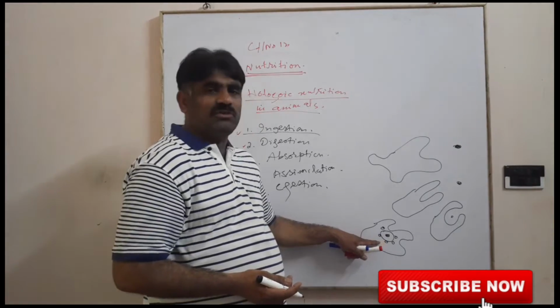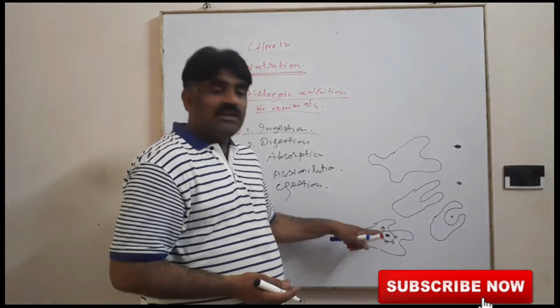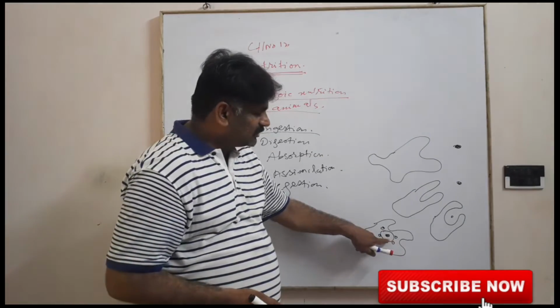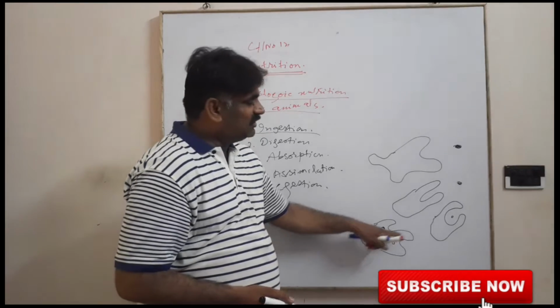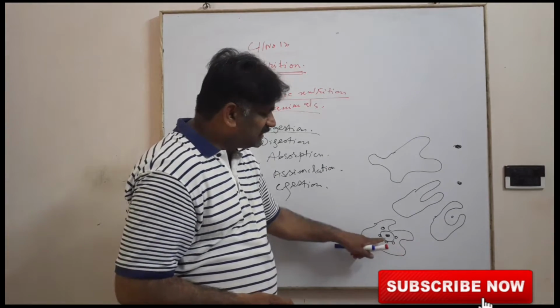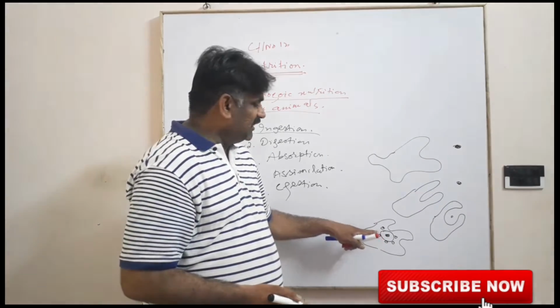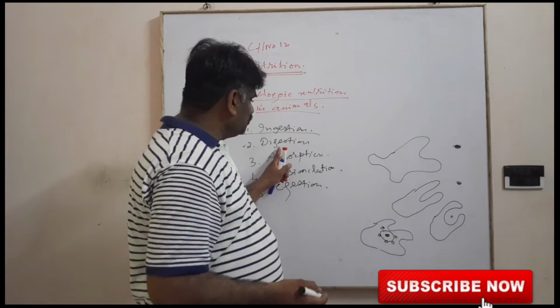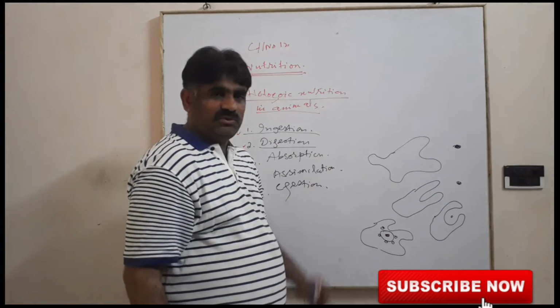After fusion with the vacuole membrane, they produce digestive enzymes over this food particle. So the complex food which was ingested in the first step is now being digested. This completes the second step of holozoic nutrition, digestion in the food vacuole.